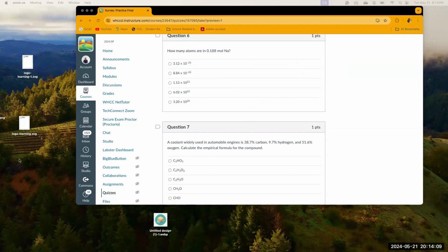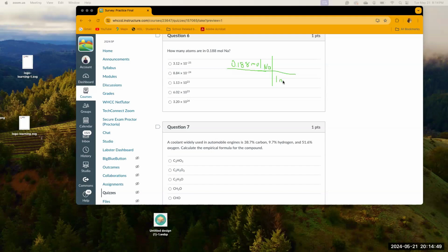Okay, how many atoms are in 0.188 moles of sodium? So we know that we have 0.188 moles of sodium given.